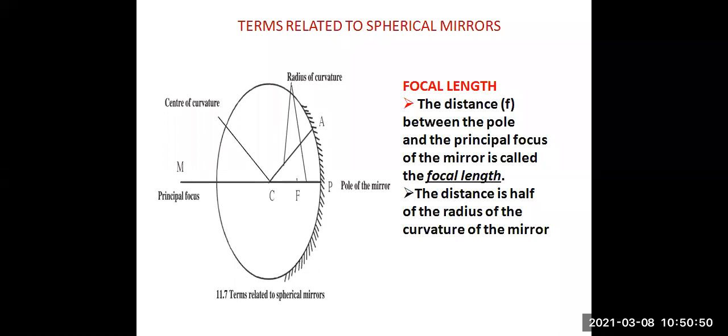So while drawing mirrors with the help of your compass, you are going to place your steel end at point C. Now, while drawing these diagrams, I would suggest you first draw the principal axis and mark the points C, F and P. Mark point C at 0 on your centimeter scale.